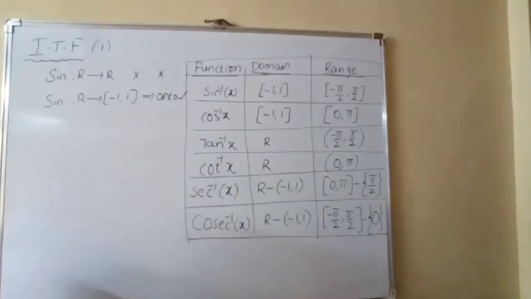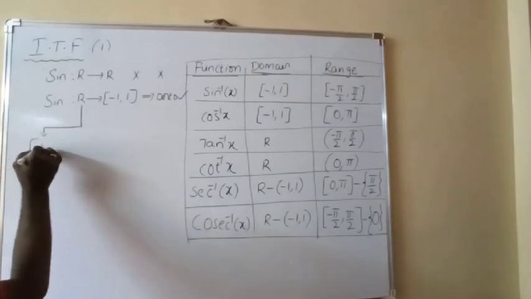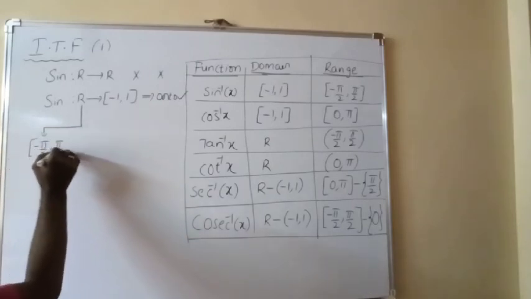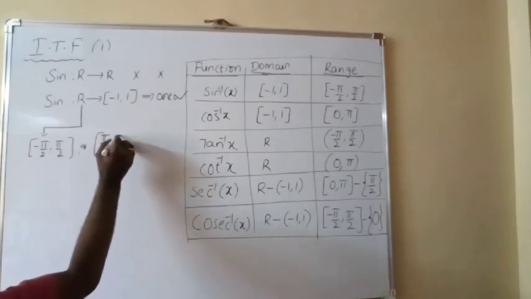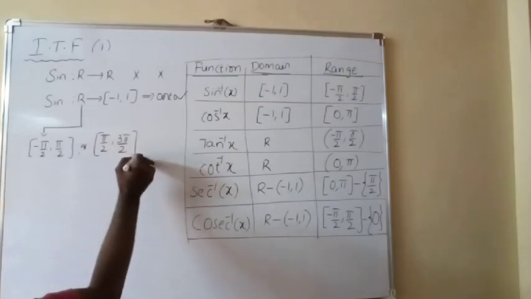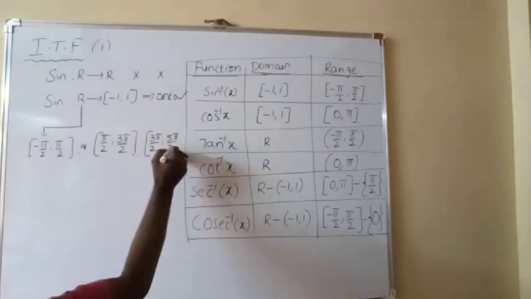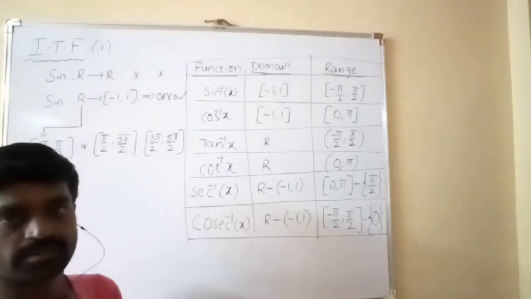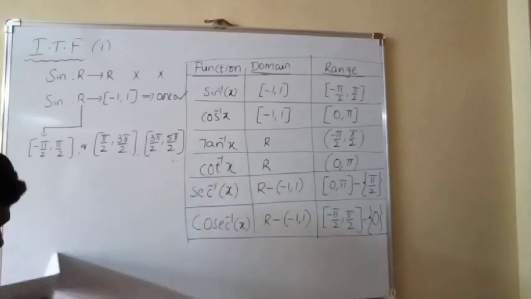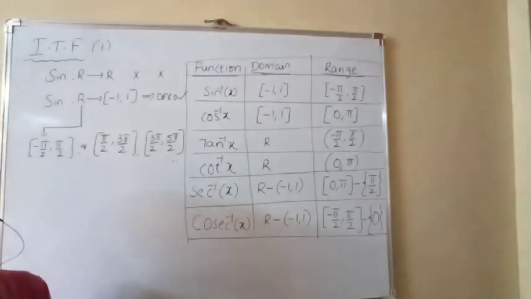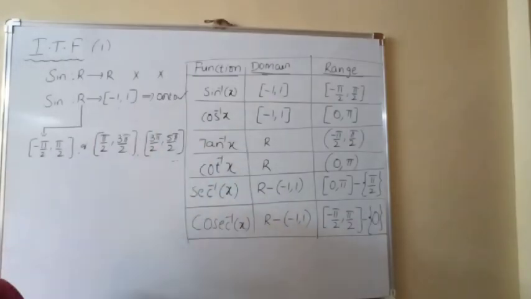Okay. So suppose I restrict the domain of the sine function to the closed interval minus pi by 2 comma pi by 2, or the closed interval pi by 2 comma 3 pi by 2, or the closed interval 3 pi by 2 comma 5 pi by 2, or the closed interval 5 pi by 2 comma 7 pi by 2, etc. If you take any one of these intervals, the sine function is a 1-1 function, and on its range it is anyway an onto function.